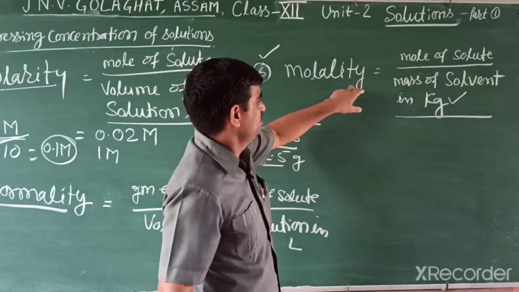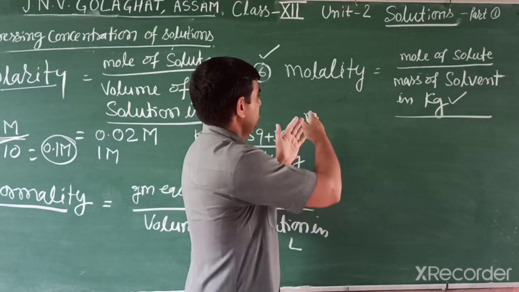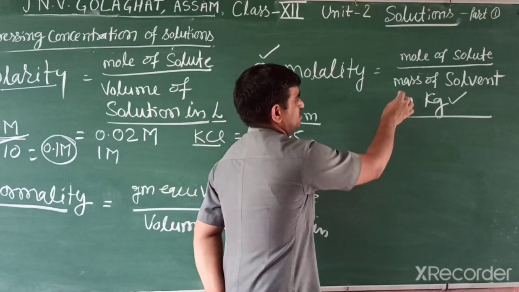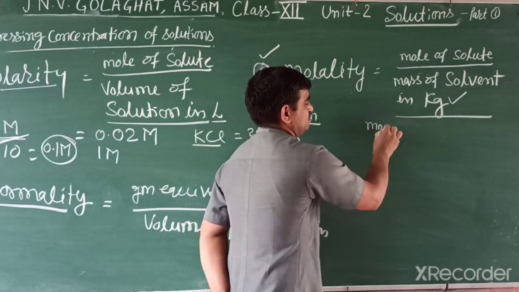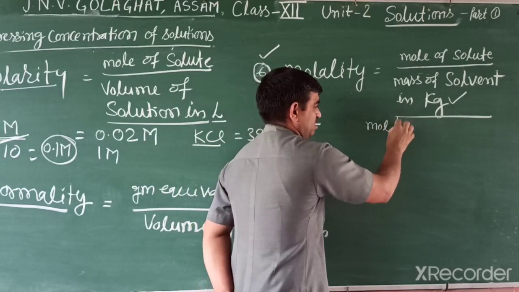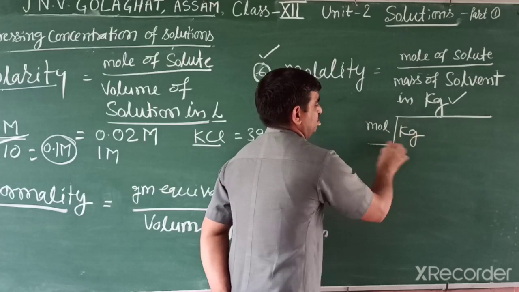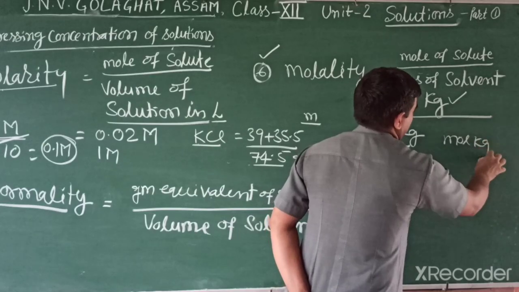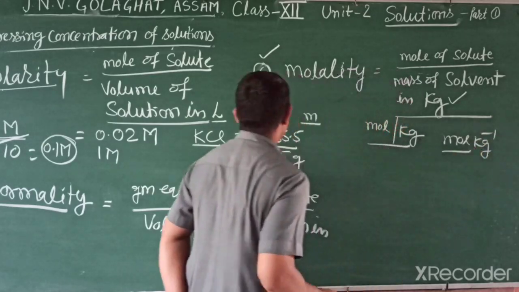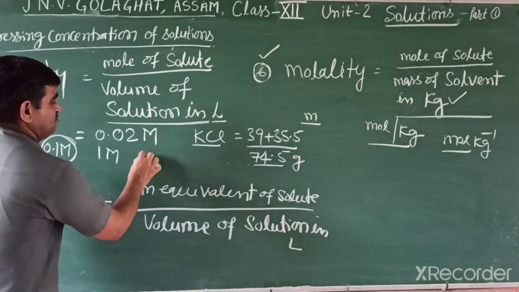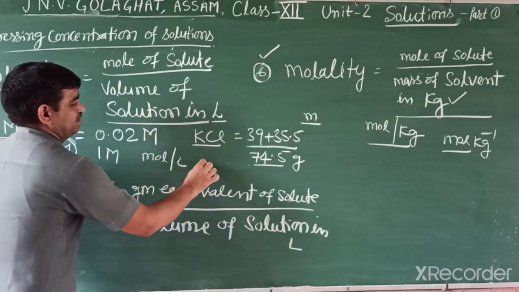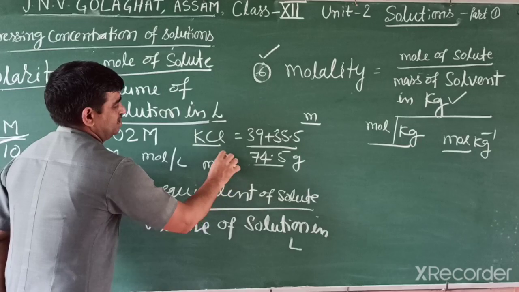So this is a very good method for expressing concentration, molality, small m, and its unit is mole per kilogram, or you can say mole kilogram inverse. And the molarity unit is mole per liter, or you can say mole liter inverse.